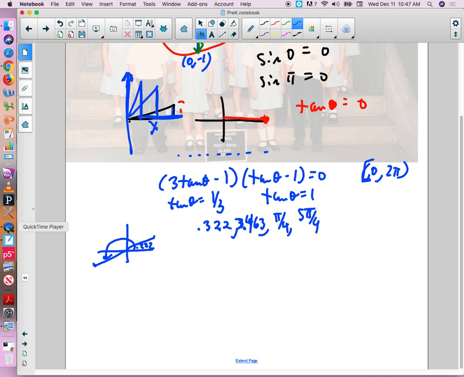Just a side note here. As you all head into AP Calculus, this would have come at me like 3 tangent squared, like a quadratic. Y'all know what I mean? In AP Calculus, when you're on a calculator active part, you have your calculator half the time and you don't have the time.